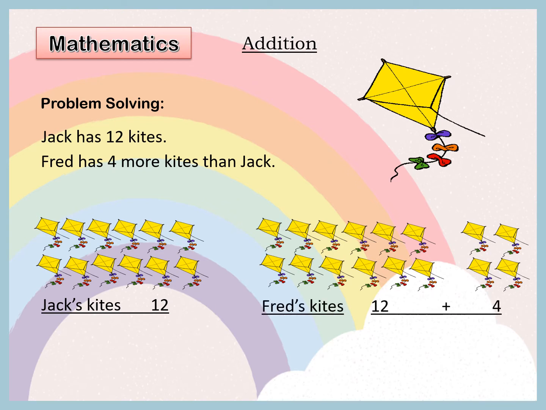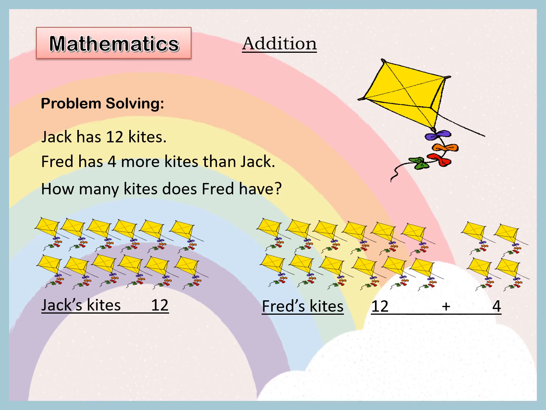Okay? Now this is the number sentence. Fred's kites. 12 plus 4. Okay? So 12 plus 4. Can you guess the answer? How many kites does Fred have? The question is about Fred. How many kites does Fred have?